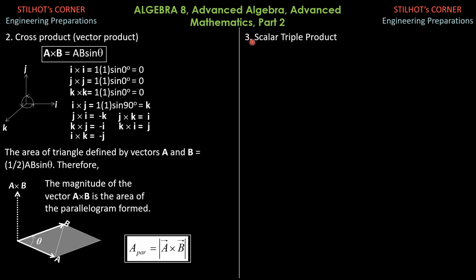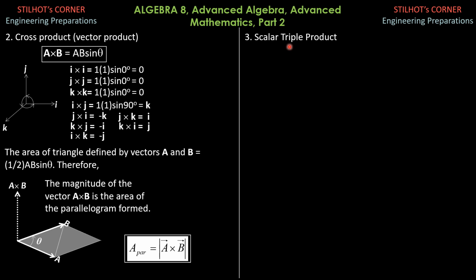Then the last application or operation is this scalar triple product. If you can recall from statics, this is used in finding the moment of a force about an inclined axis. For those who have already gone through statics, you can understand what I'm talking about.